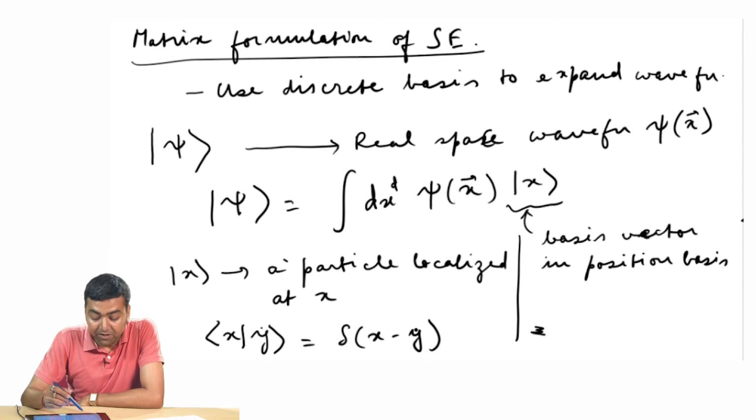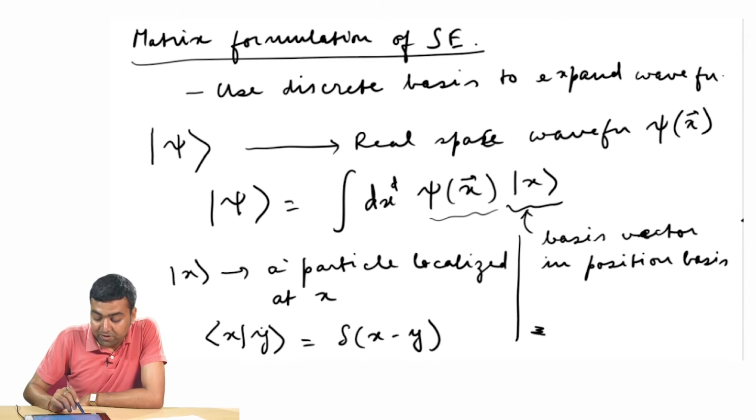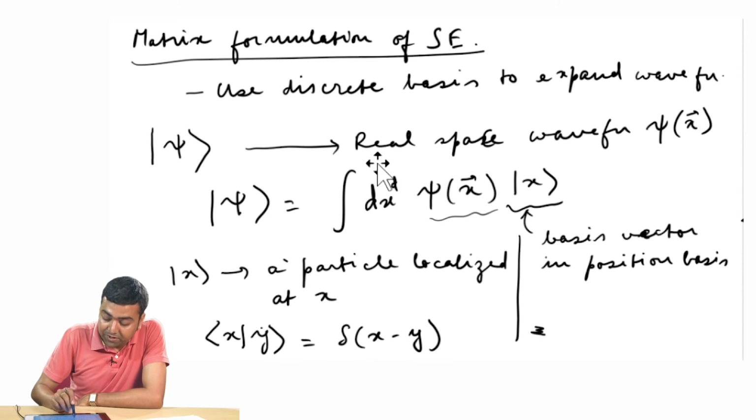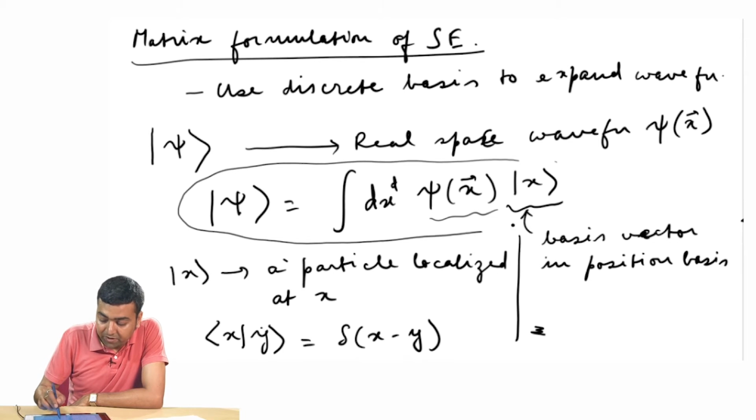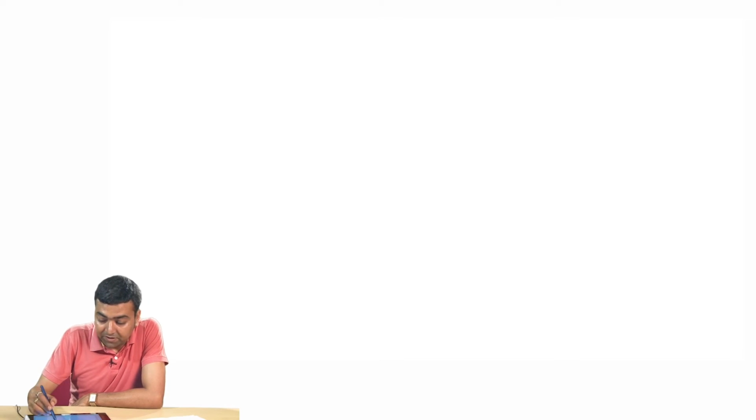Using this relationship, we will now see how we can find psi of x. To find psi of x, I can take this function and project it onto the basis function, which is my |x>.